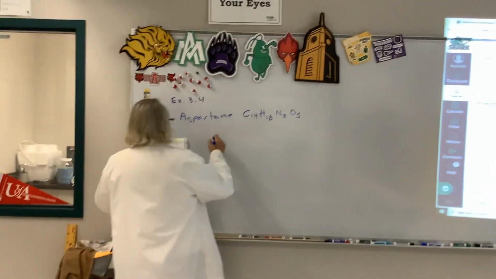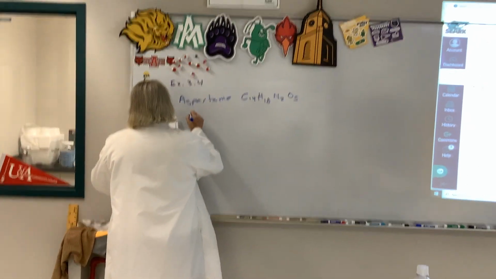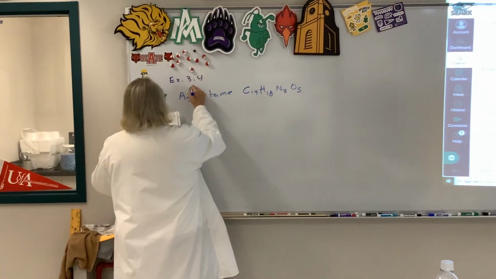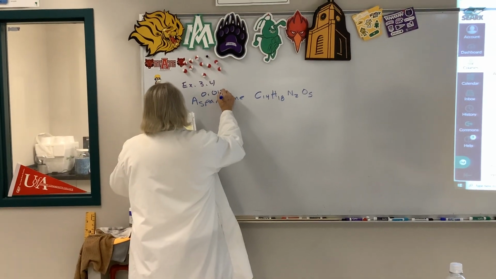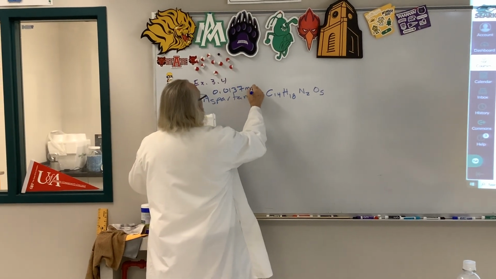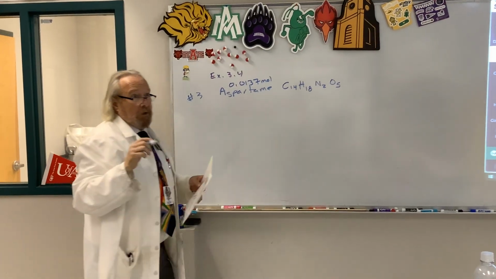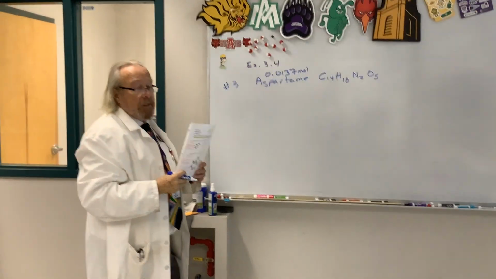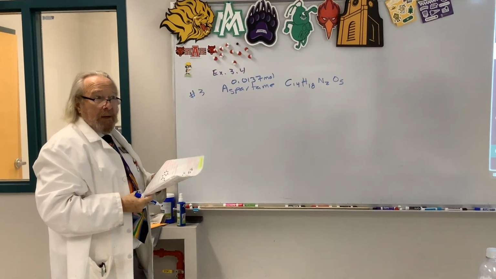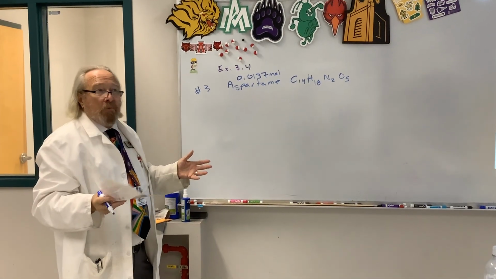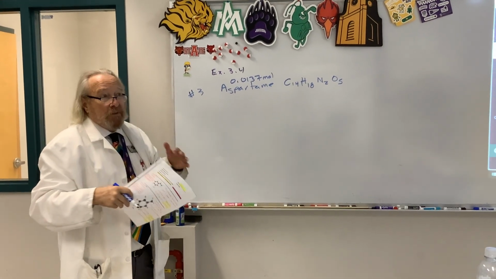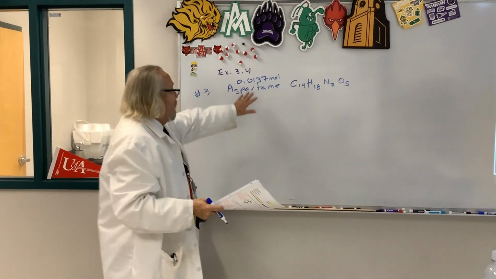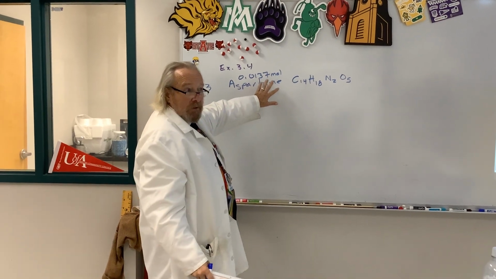So I said I have 0.0137 mole, and by the way, these questions are straight from the Chem Libre assignments for the reading that matches this module. All I've done is change this quantity.